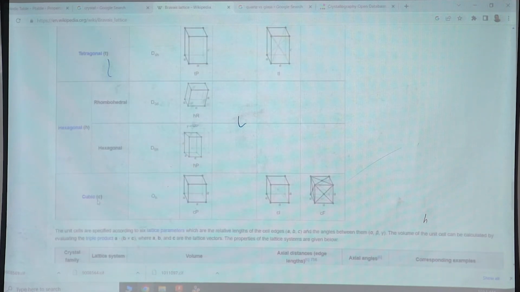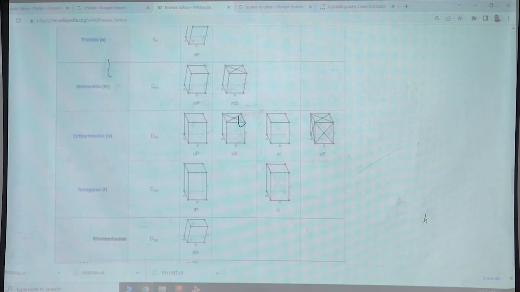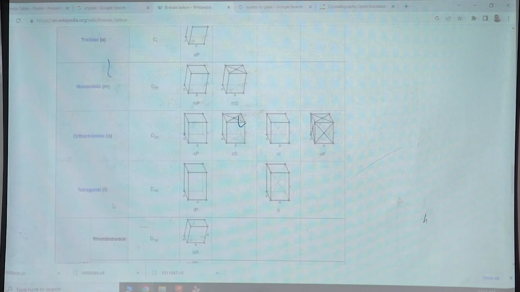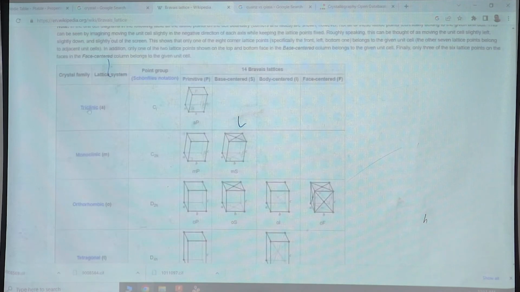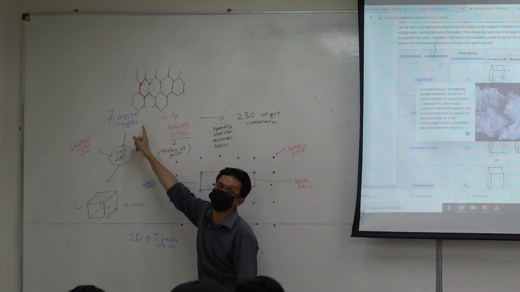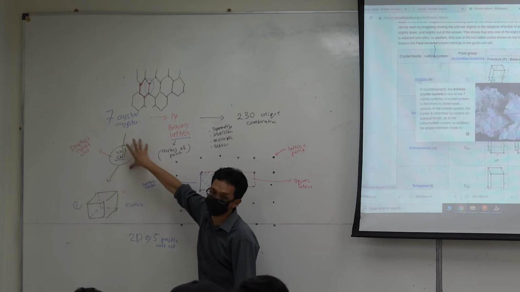So there are 7 crystal systems. We call it a system. So there are only 7 possible unit cells.